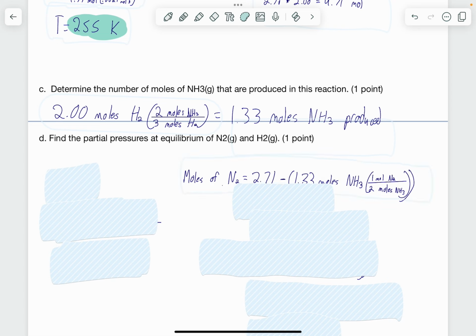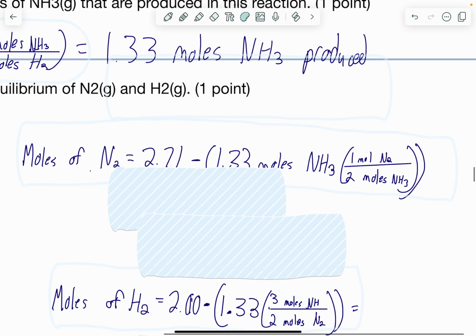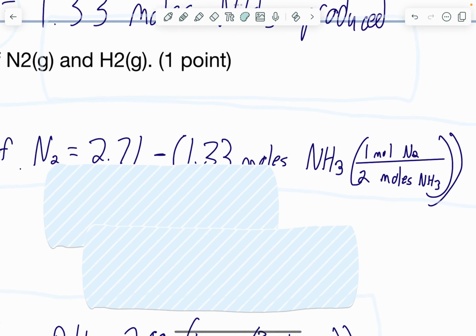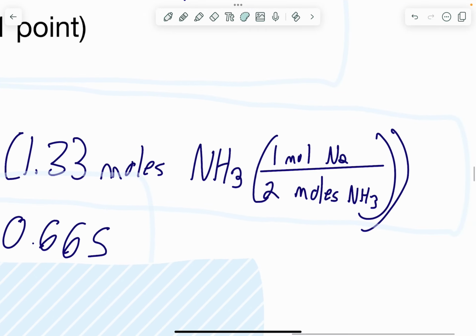So in order to determine how many moles of each we will have at equilibrium once the ammonia is formed, we will subtract from the number of moles of our gas, be that nitrogen or hydrogen gas, the number of moles of ammonia formed divided by our stoichiometric coefficient.